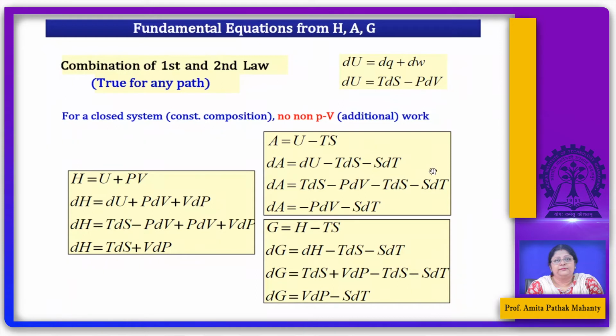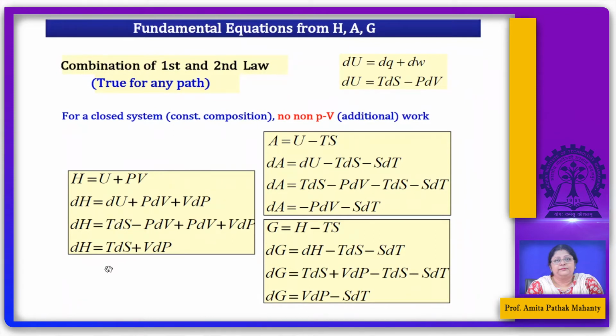Each time we are doing something, I am showing something on the screen. It is not working that way. You are supposed to do it. So you replace this with this. What do you get? The PdV terms will be cancelling off. So you get a new equation for delta H. Delta H we had taken as delta U plus PdV.